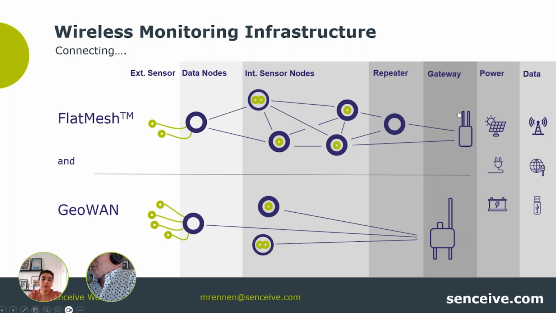Both systems have their advantage and justification. The flat mesh gives much more flexibility, higher data rates, higher bandwidth, and two-way communication to change the reporting rate on the nodes remotely, while the Geo1 system is a little more stubborn but has good penetration through objects like walls, and much longer distances.